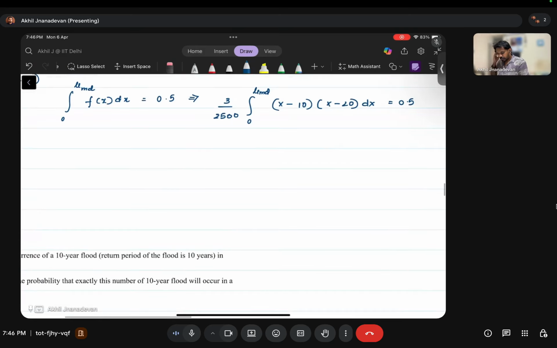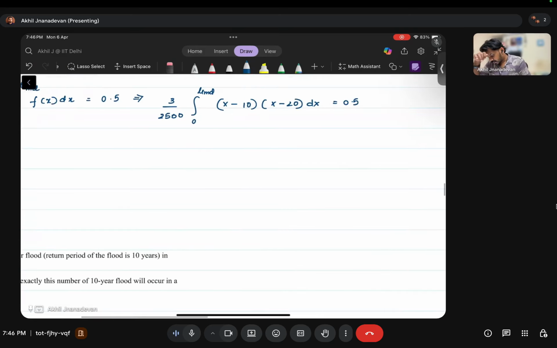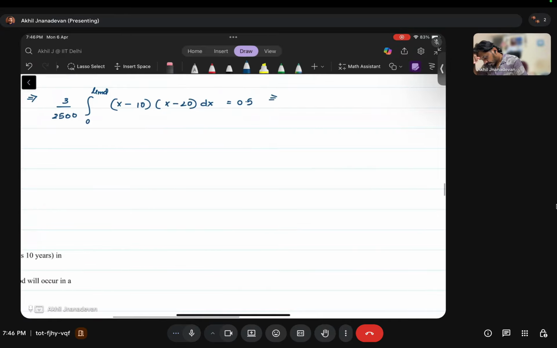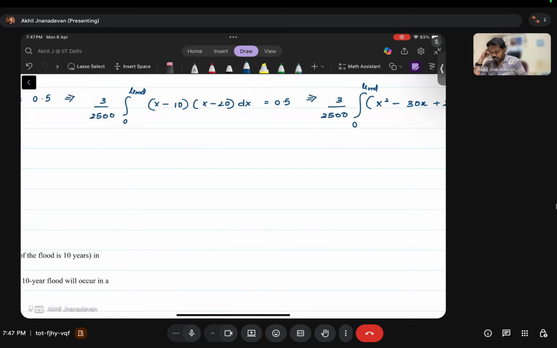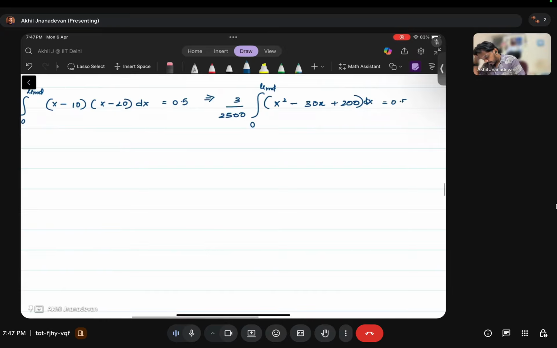Okay, so we can expand this. So this will be 3 by 2500 integral 0 to mu D. Inside the bracket it will be x square minus 30x plus 200 dx, right? That will be equal to 0.5.